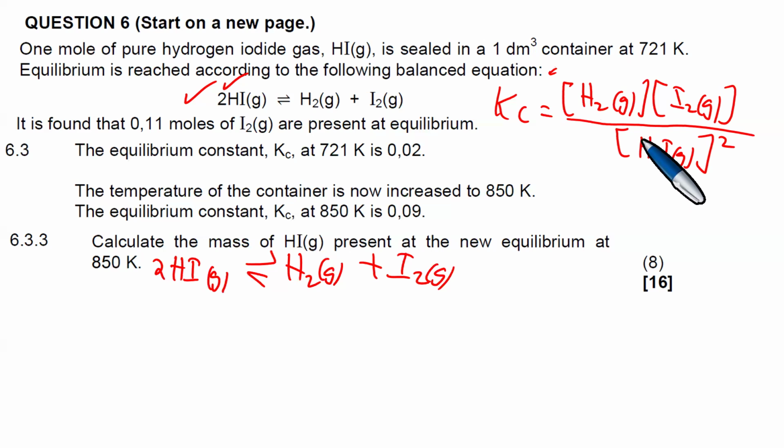Obviously we know that this was the number of moles present in the beginning. So you had 1 mole here in the beginning when these were not at all present. So this was initially the case.